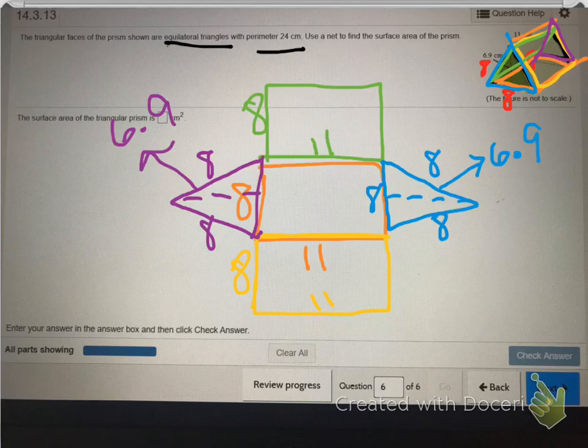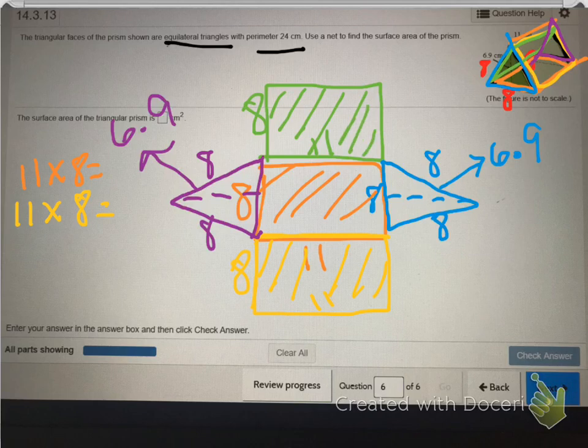Okay, so let's go back to the orange rectangle. Area for the orange rectangle is going to be 11 times 8. The yellow rectangle is going to be 11 times 8. And the green rectangle is going to be, you guessed it, 11 times 8.